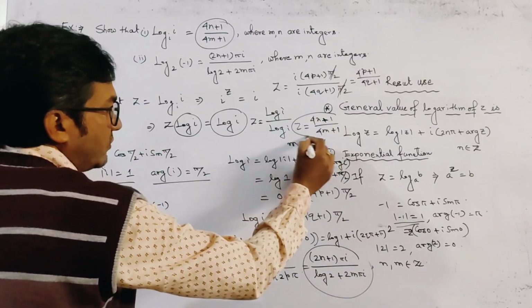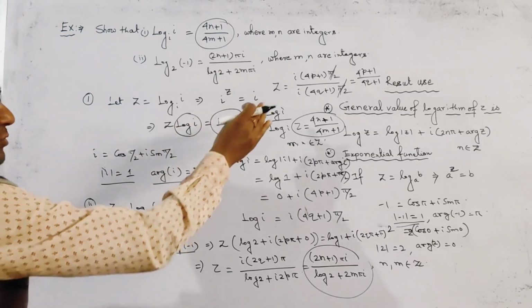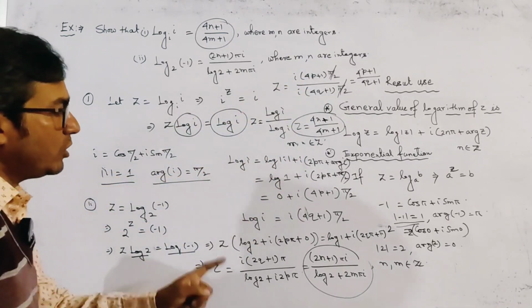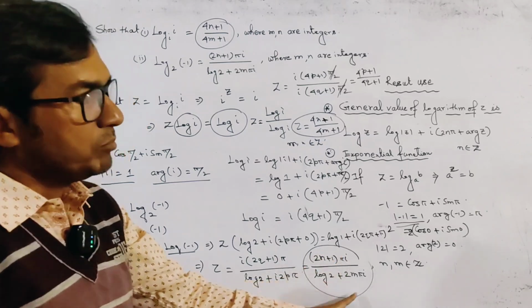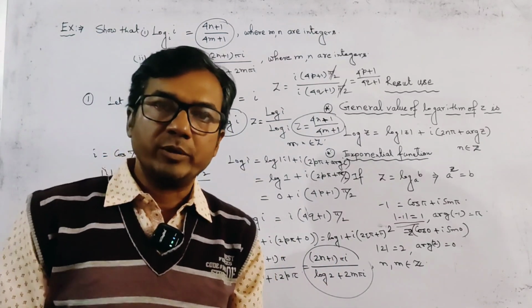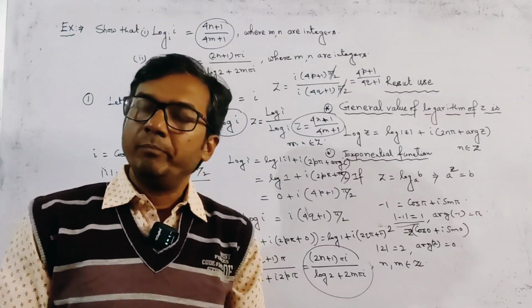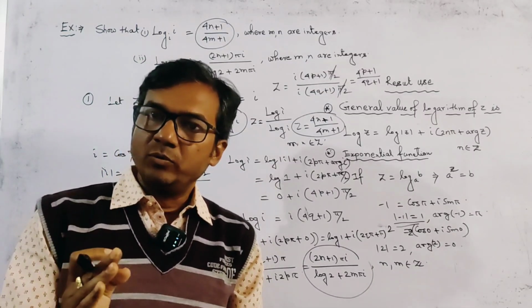For the first answer, only the integers are changed from p, q to m, n. We get the exact result as given in our problem. A very easy problem, but an important problem of complex numbers. Okay, thank you for watching.